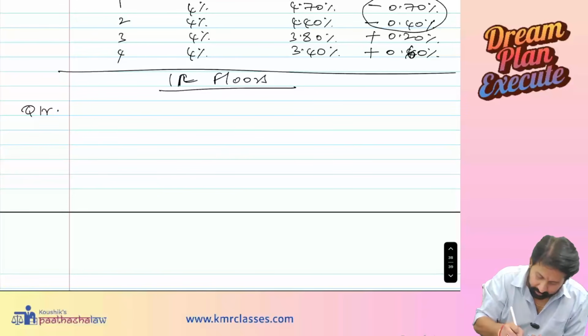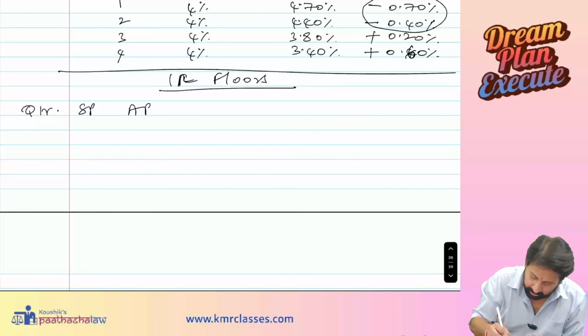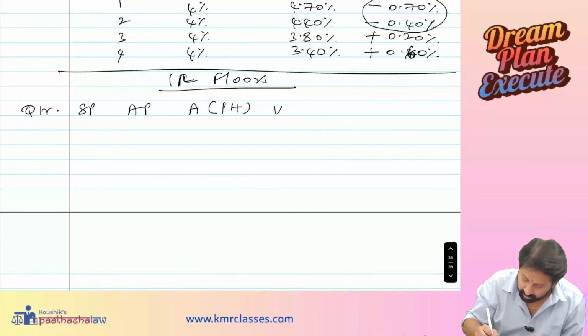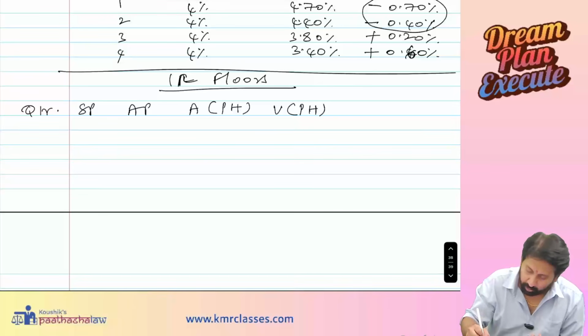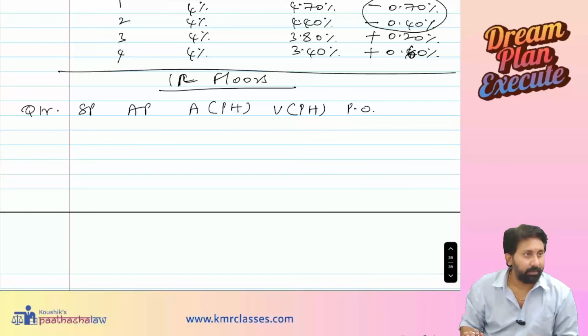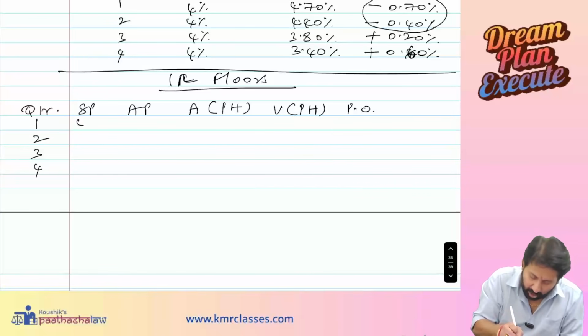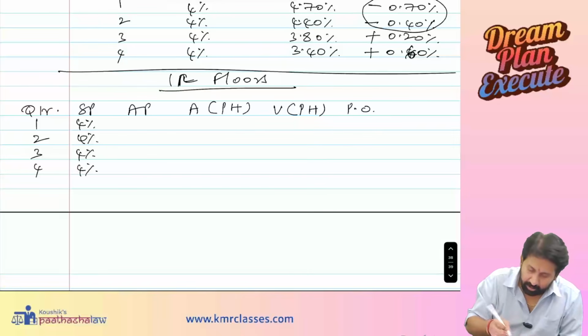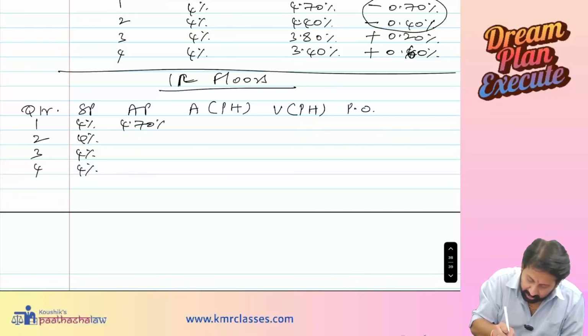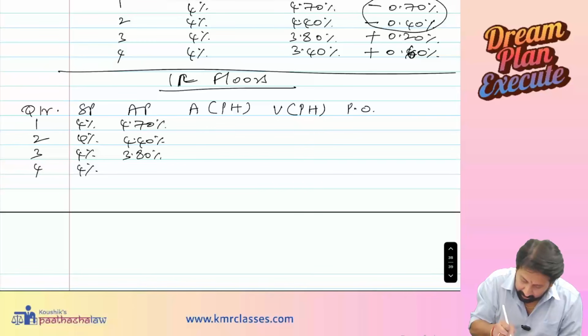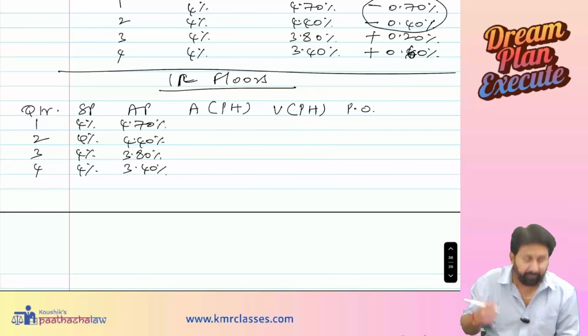Columns: quarter, SP, AP, action by put holder or floor holder, value to put holder or floor holder, payoff. Quarters 1, 2, 3, 4. I locked myself at 4% and other rates are 4.7, 4.4, 3.8, 3.4.